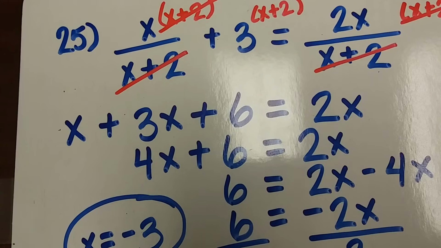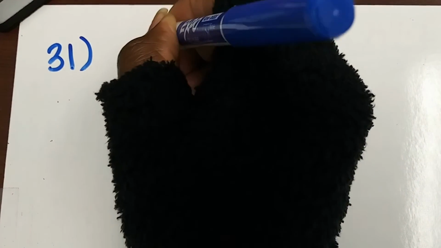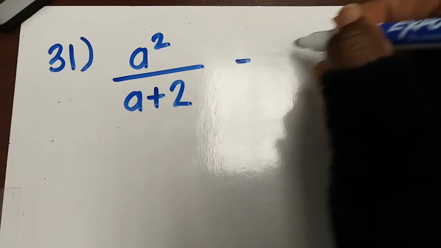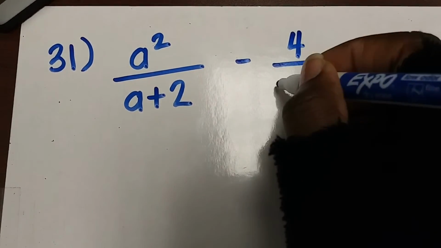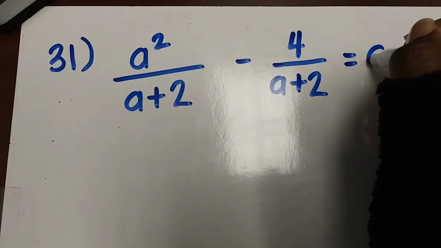Let's try another one. Number 31. Now on 31, we're going to see a problem. And we're going to find out what extraneous solutions mean once we look at 31. So 31, I have a squared over a plus 2, minus 4 times a plus 2, equals a.